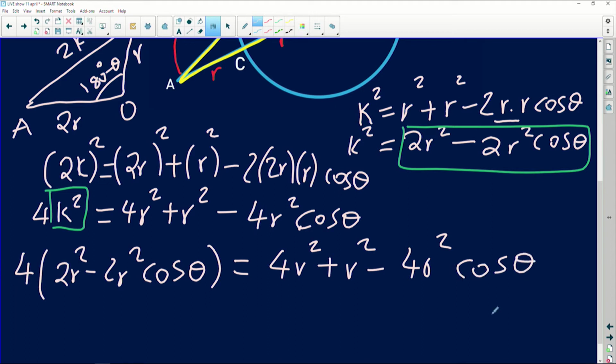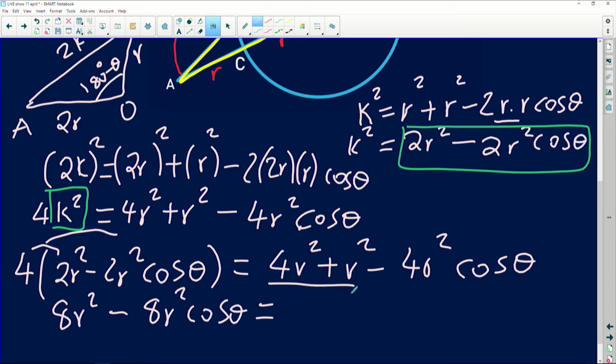So if I simplify further, if you multiply in here, you'll get 8r squared. If you multiply again in here, you'll get another minus 8r squared cos of theta equals, this is 4r squared plus r squared, which is 5r squared, minus 4r squared cos of theta.